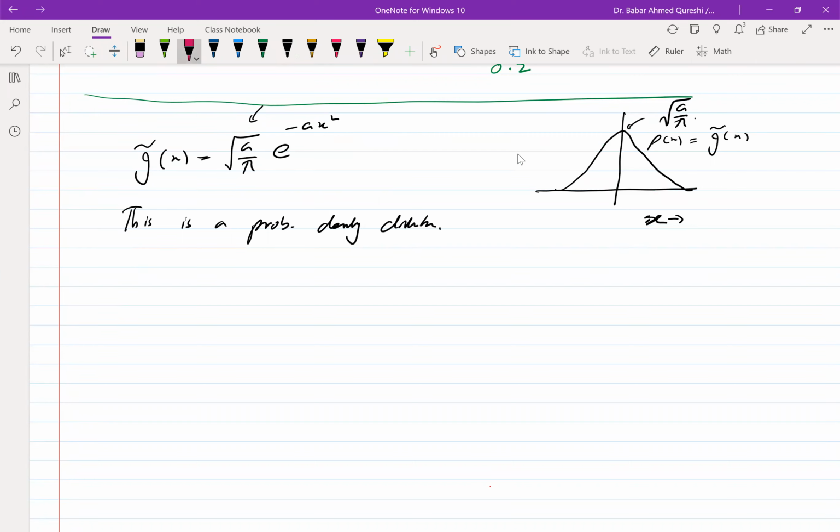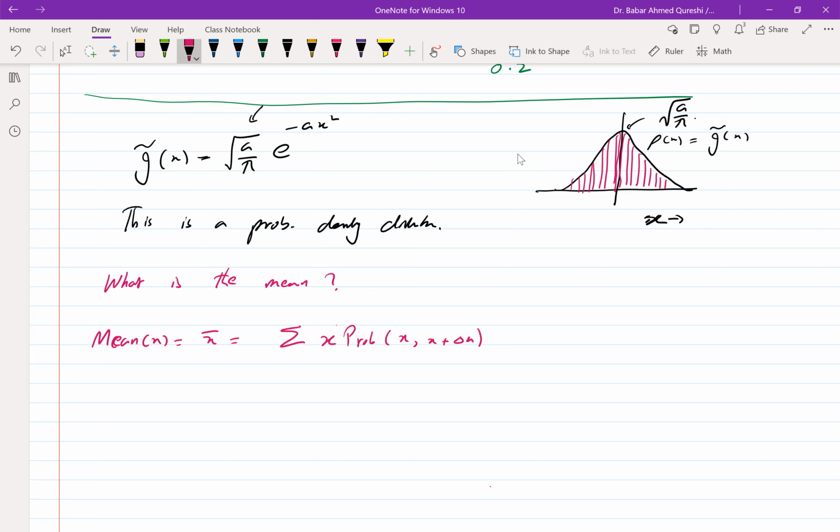What is the mean? If it's a probability distribution, what is the mean? So how do you find the mean? The mean of this variable is, according to our formulas, you divide it into bins. So the probability of having it between x and x plus delta x in each bin.